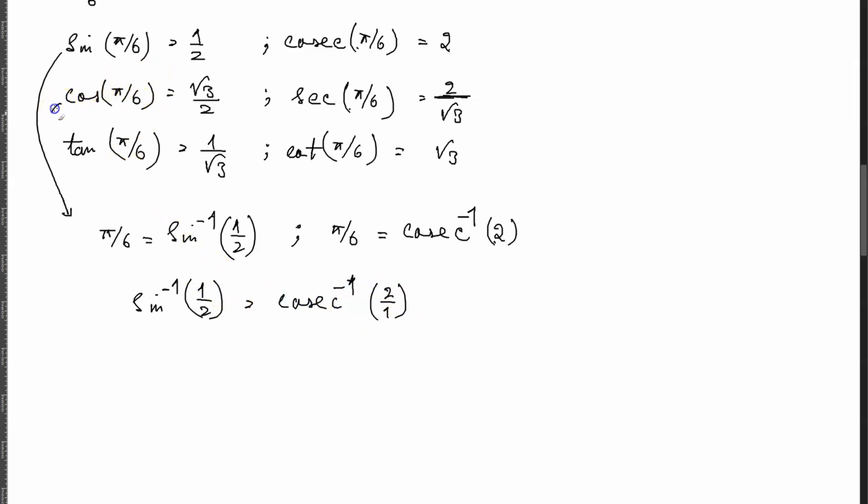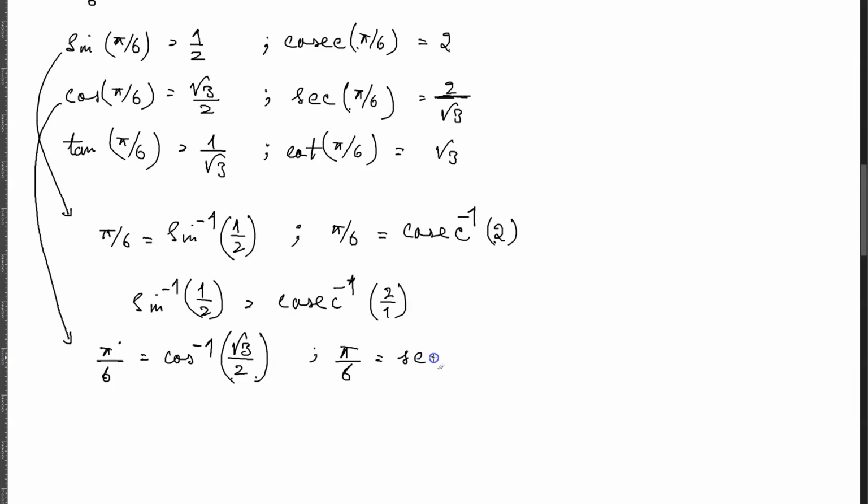Also, based on this formula, I can say that again pi by 6 is the same thing as cos inverse of the square root of 3 by 2. And also pi by 6 is equal to the secant inverse of 2 by square root of 3.